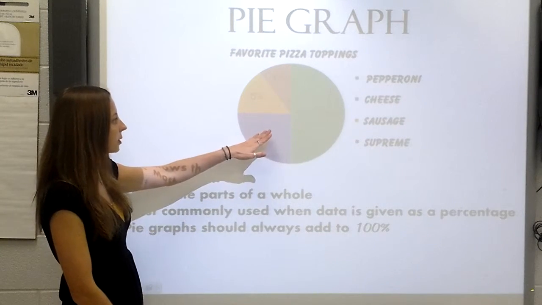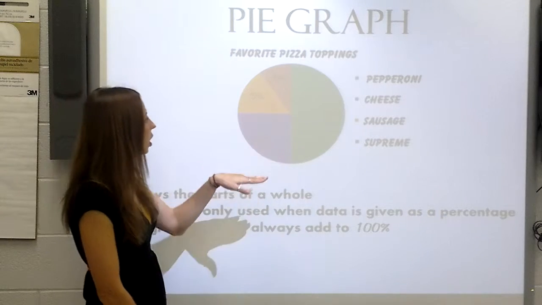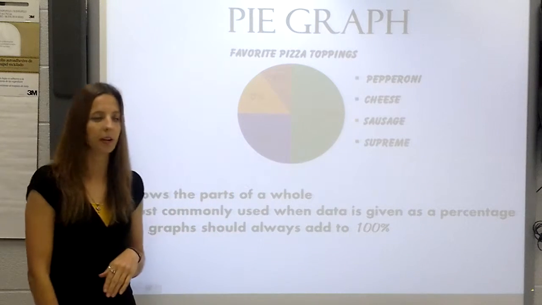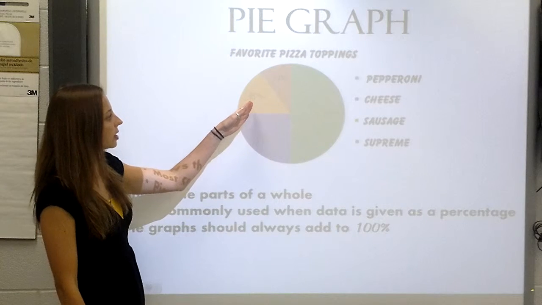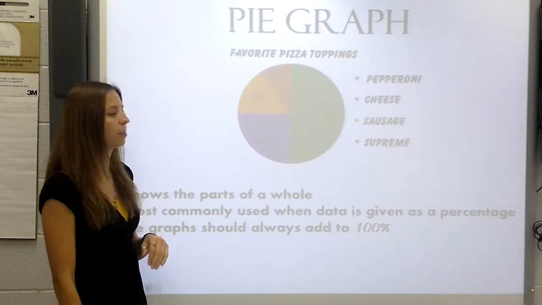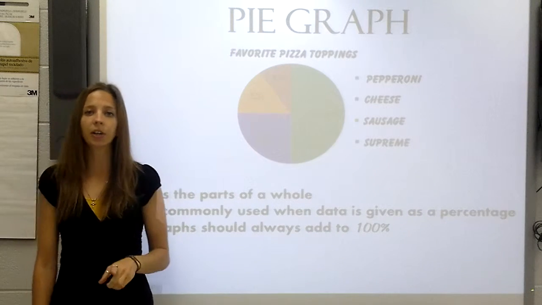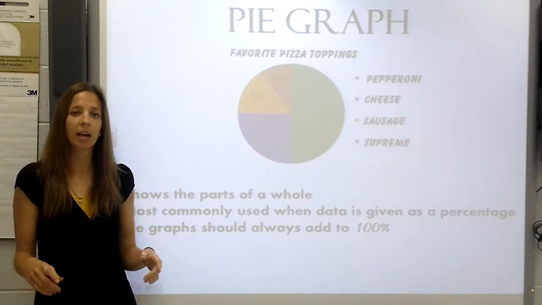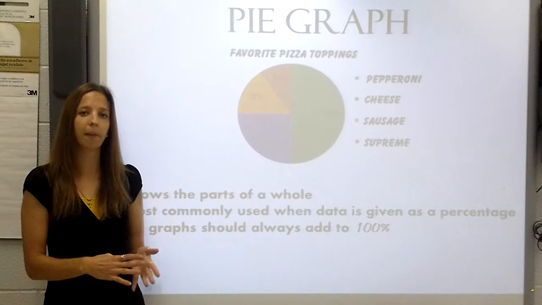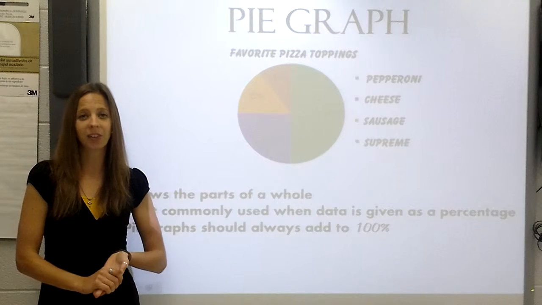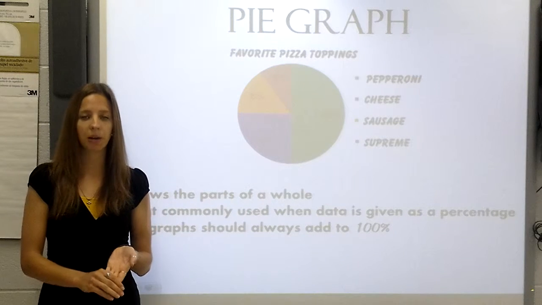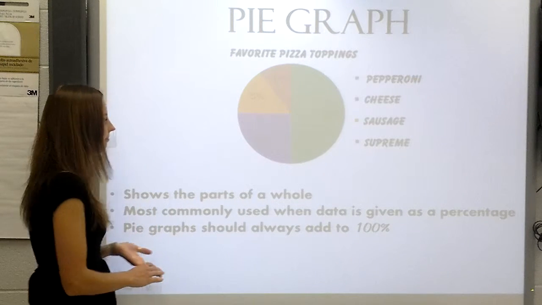Okay, 25% of the people surveyed had said that cheese was their favorite topping, and then it was the supreme pizza followed by sausage. It's very important with pie graphs that your percentages all add up to 100%. If they don't equal this amount, it could make your graph very misleading.